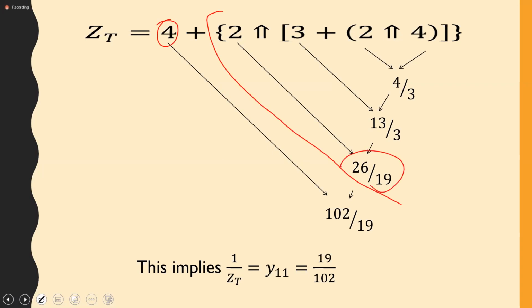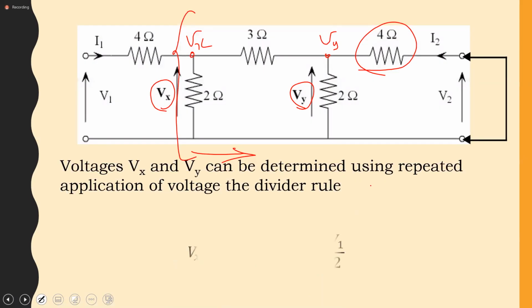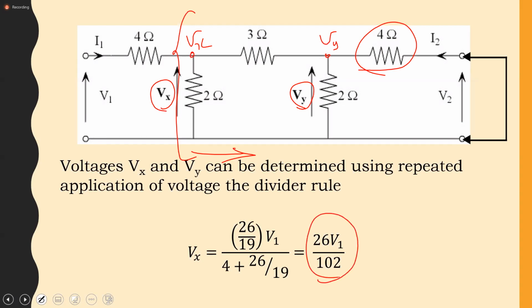So I go back to my resistance equation and I have what I'm dividing between. So Vx is 26 over 19 times V1 over 4 plus 26 over 19, and I get 26 V1 over 102. So that is our Vx.